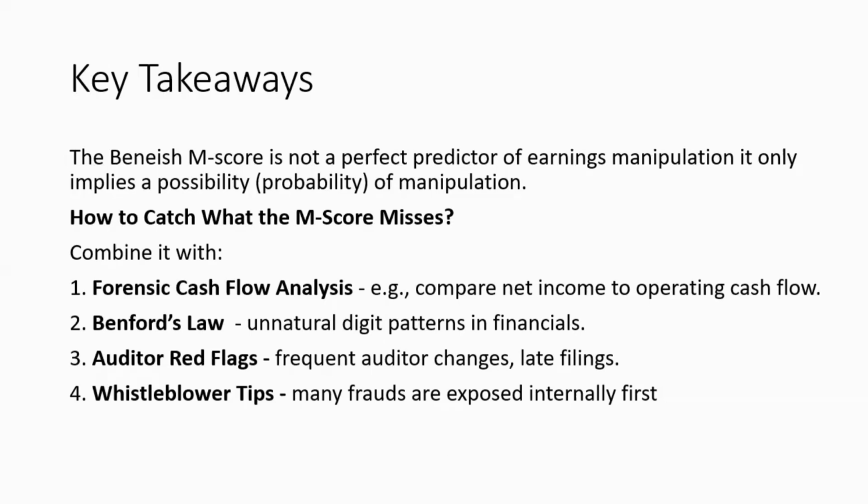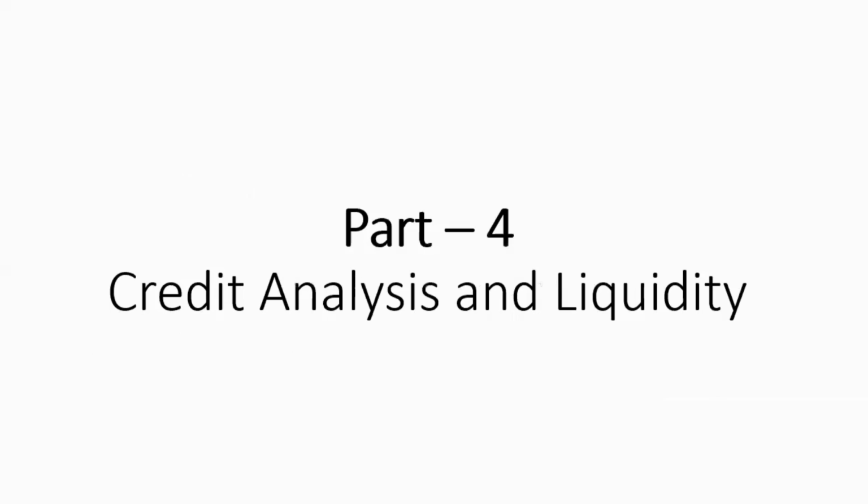We will take the values from our model and also compare them with the external environment of the company, which will help our conclusion be more accurate. It will increase our chances of being more accurate. So that's about the forensic accounting. And now we are off to credit analysis and liquidity.